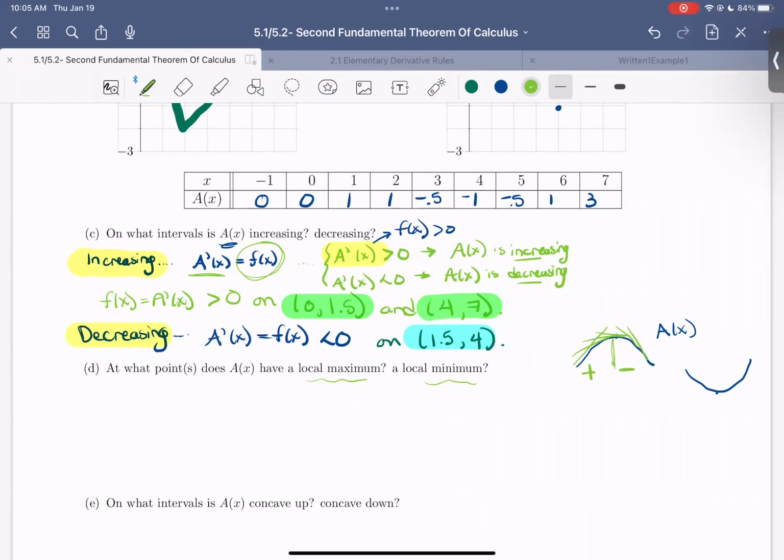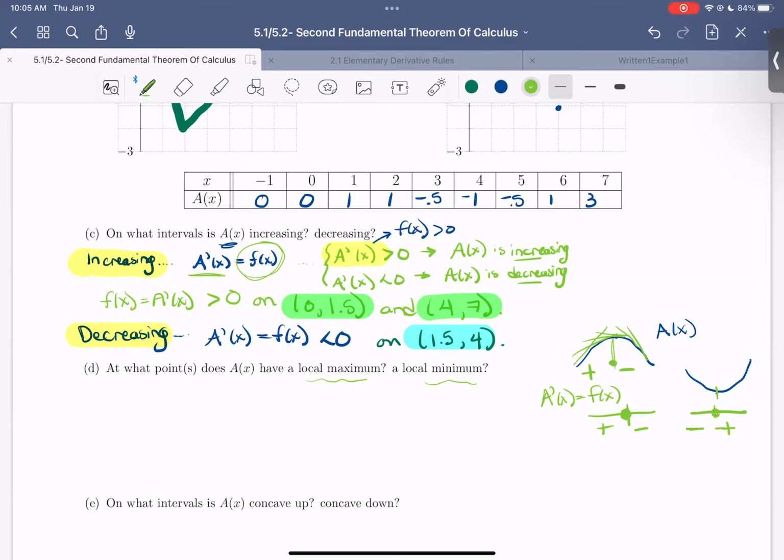So at a local max, the derivative, which is f of x, goes from positive to negative. So we can check where f of x has a 0, and then check the sign of f of x on either side. Similar case for a local min. Here now the derivative would go from negative to positive.